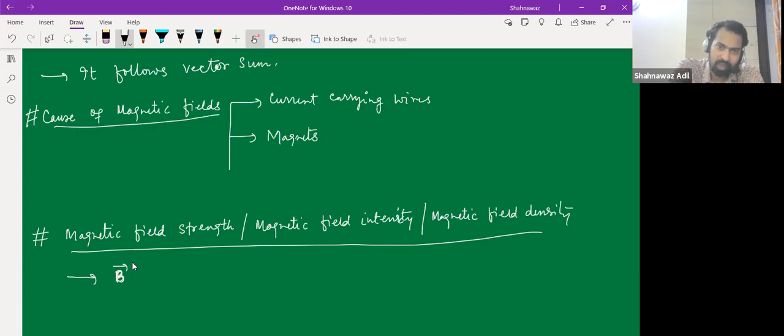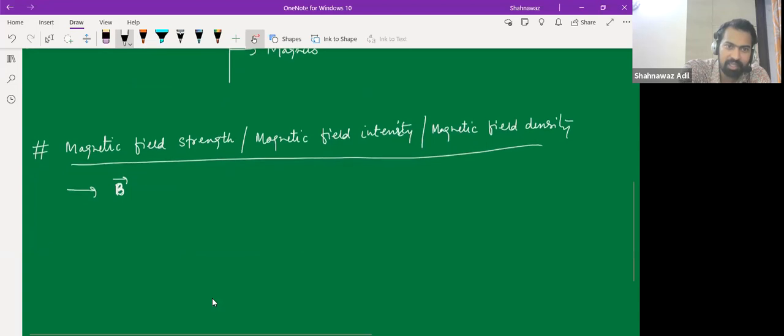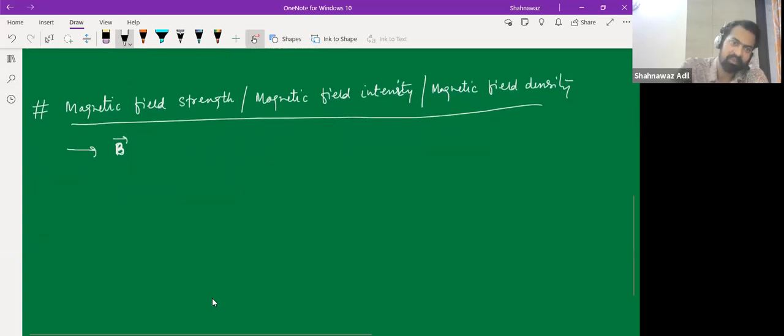I will also call it magnetic field, so whenever I say magnetic field, just understand that I'm talking about magnetic field strength. So how can we calculate the magnetic field of a current carrying wire?